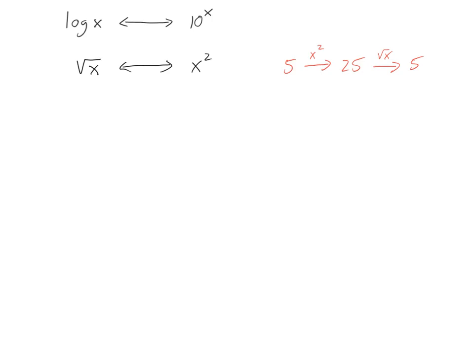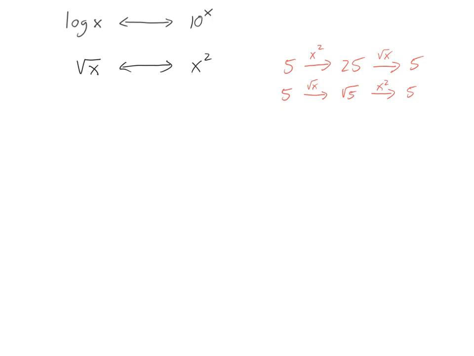Let me give you another example. Suppose I take the number 5 and I take the square root of it. So here I have square root of 5. And then I square this thing, the square root of 5. That will bring me back to 5. So if I take the square root of a number and square it, it brings me back to the original number.